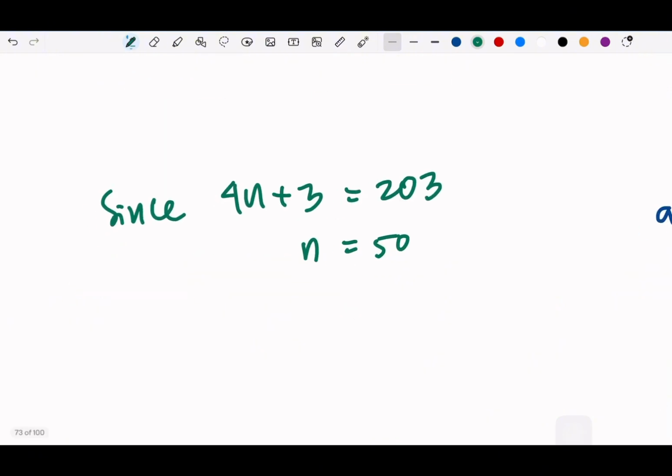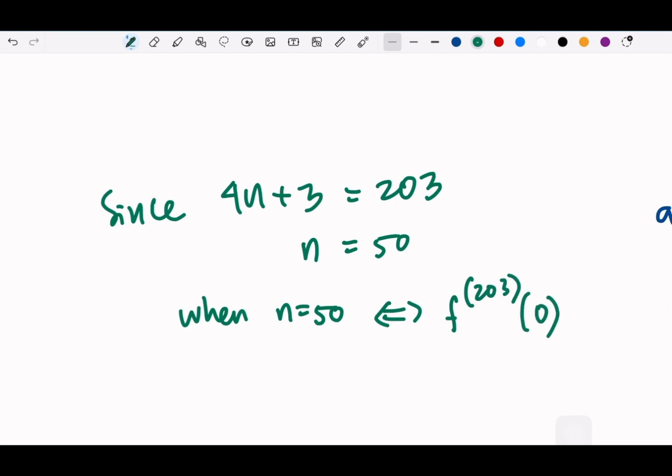So when n is 50, I will get the f 203 at x equals 0, right?